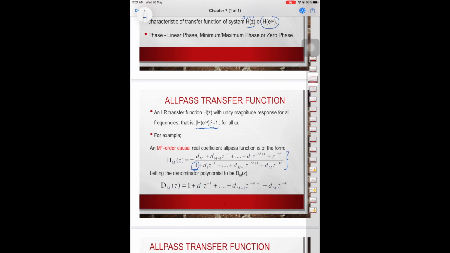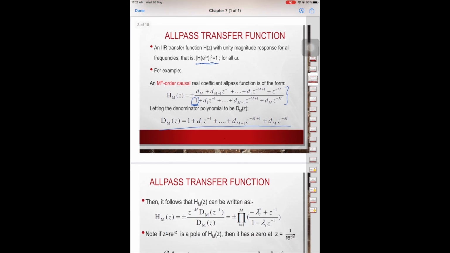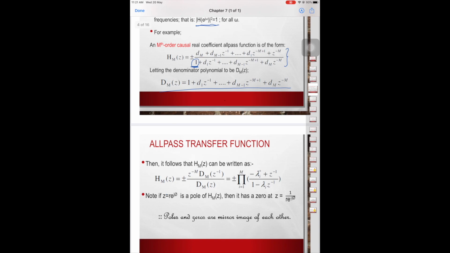Next, letting the denominator polynomial be D_M(z), we have our denominator part. Then it follows that H_M(z) can be written as follows. If you look at this equation, it is already factorized. The equation must be in factorized form.